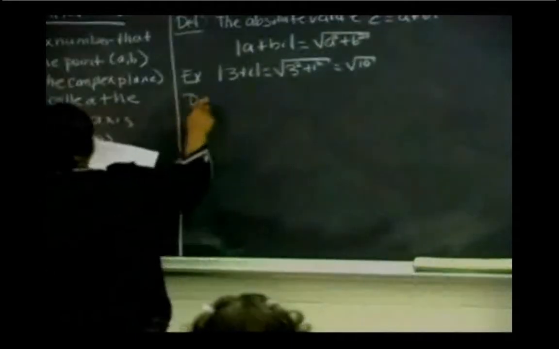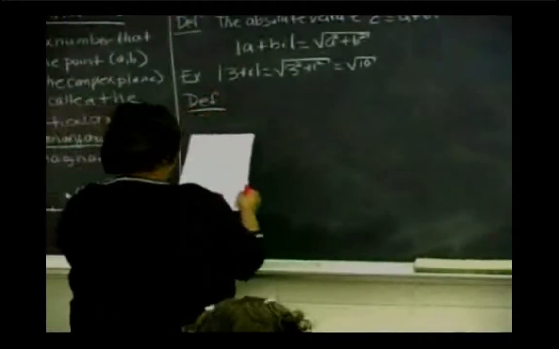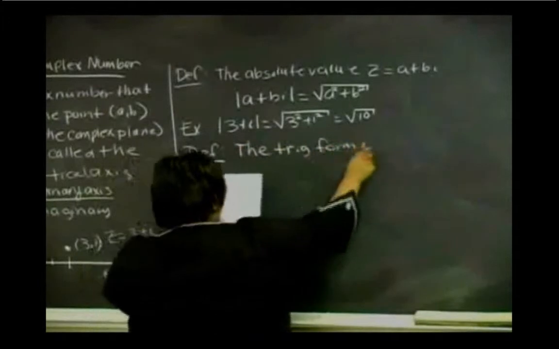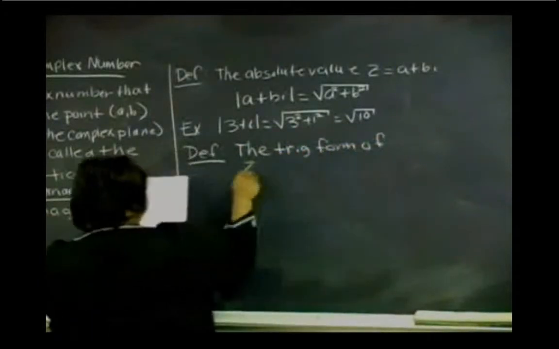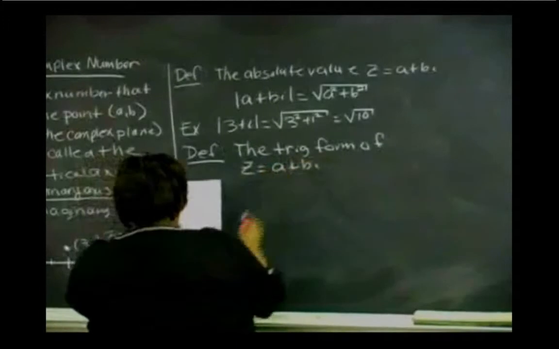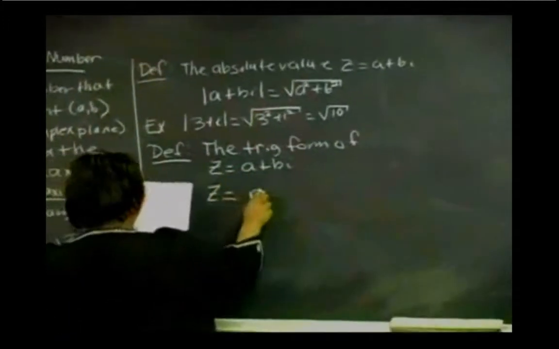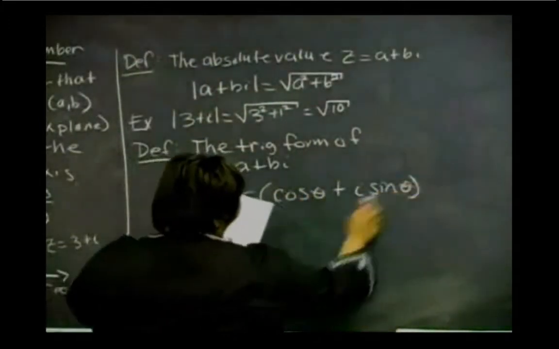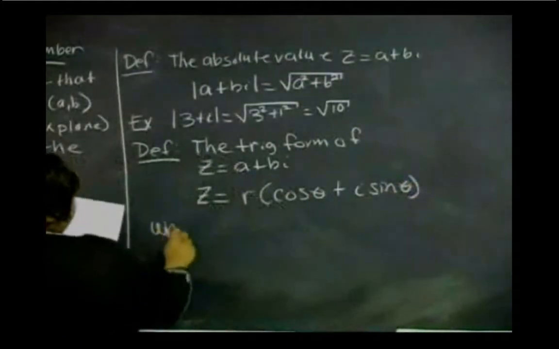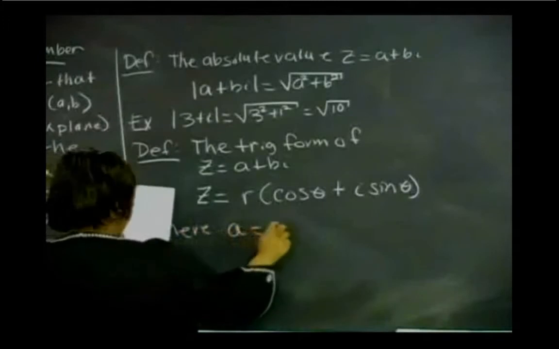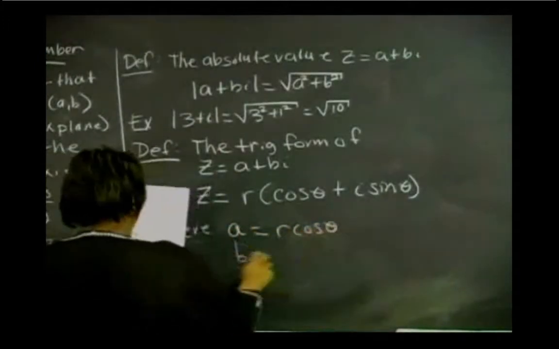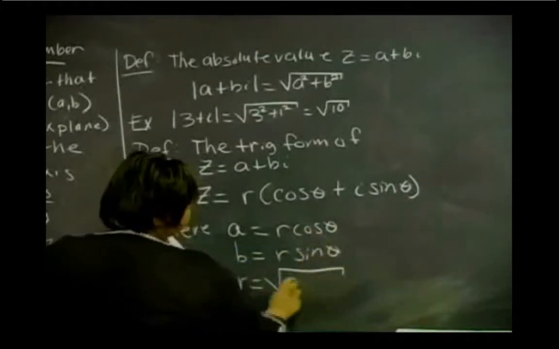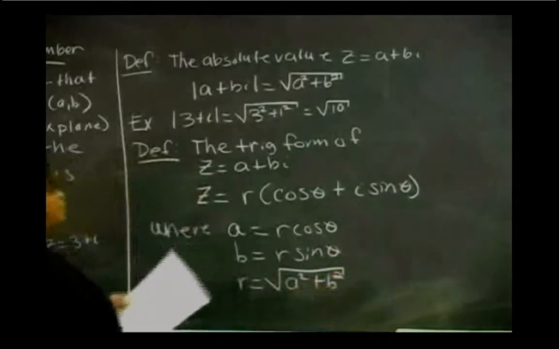So let's look at what the trigonometric form is. The trigonometric form of a complex number Z equals A plus BI is defined to be Z equals R times (cosine theta plus I sine theta), where A is R cosine theta, B is R sine theta, and R is the square root of A squared plus B squared.